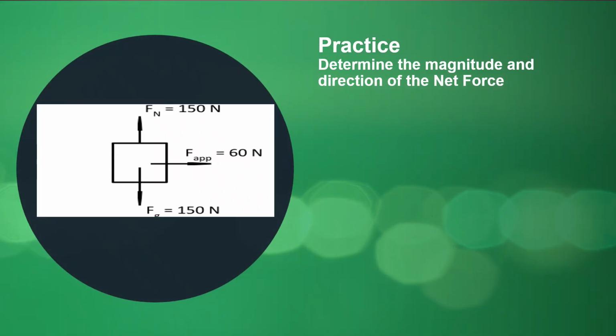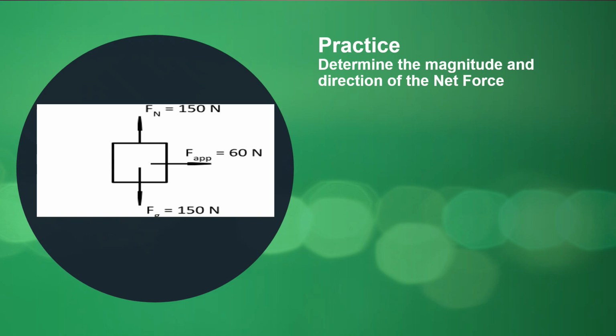Here's another simple problem. Let's go ahead and determine the magnitude and the direction of the net force acting on this object. We have an up and a down force. Force of gravity is 150, equal to 150, which is the normal force. So 150 minus 150, we know that that object is not going up or down because it's 0 newtons in those directions.